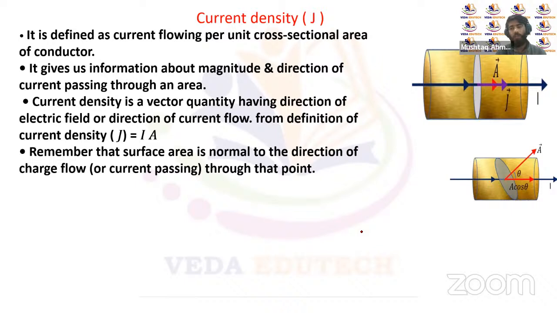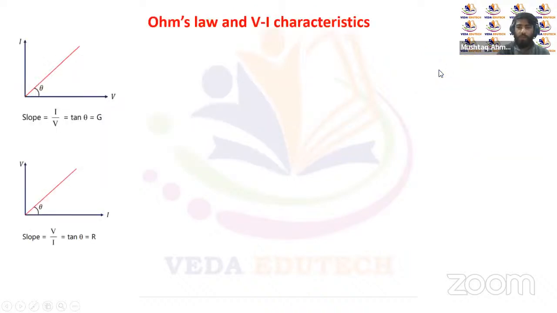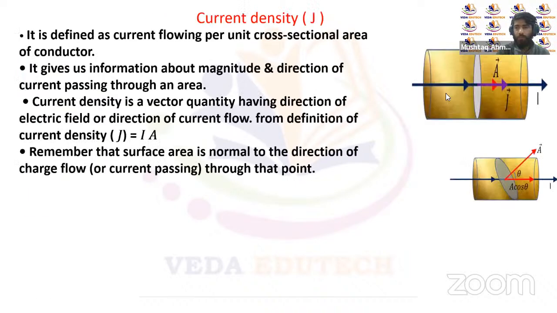Now, another important concept related to the current is the current density. The current density is defined as the current flowing per unit cross-sectional area of a conductor. You can see here these are the two conductors.